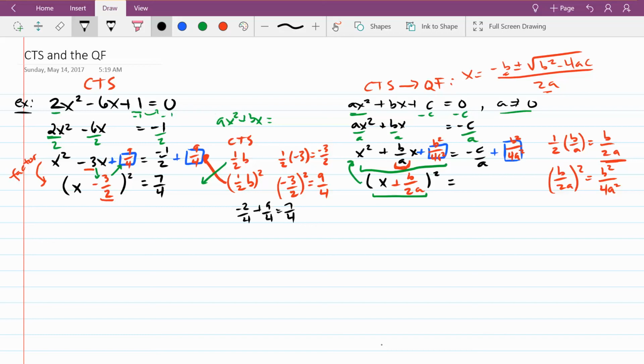So therefore I need to multiply the numerator and denominator by 4a, because 4a times the negative c is a negative 4ac. But when I already have an a in the denominator, when I multiply by 4a, I now have 4a squared to get this LCD.